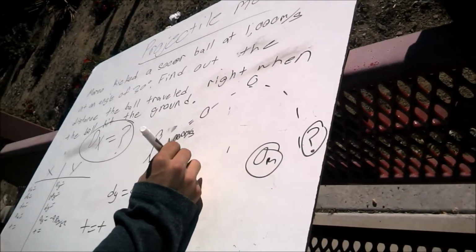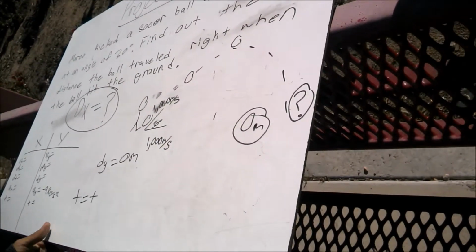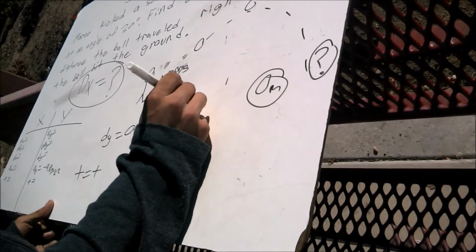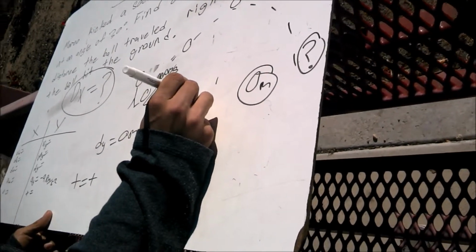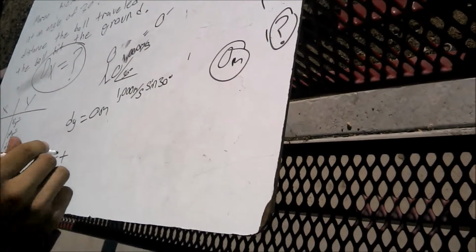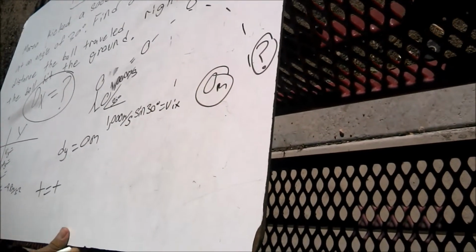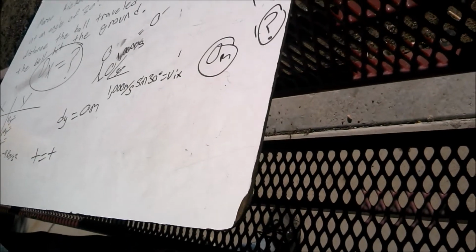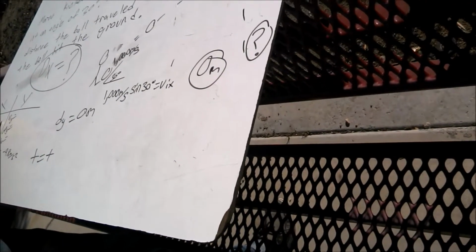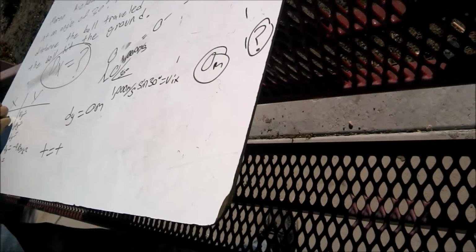And right here, as I demonstrated, a tip for these type of problems: when an object starts from a certain point and ends at that exact same point vertically, then you automatically know the displacement is 0 meters.